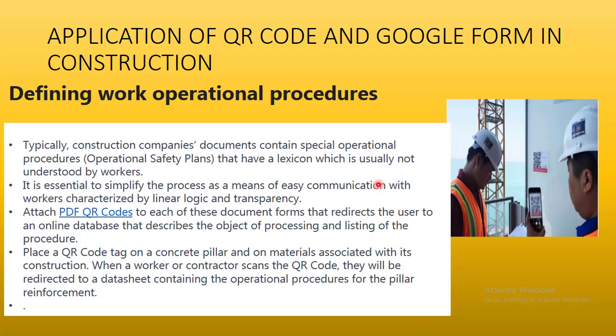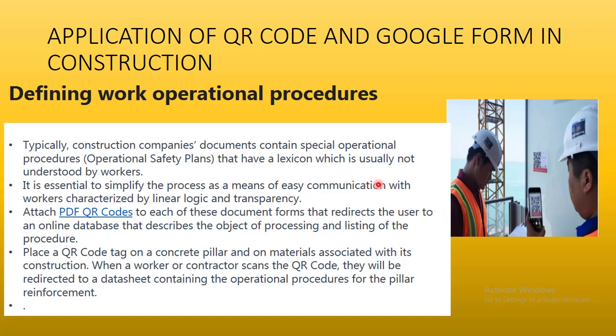Thank you. So basically now we go to the application of the combination of QR code and Google Form in construction. The first application is that it can define work operational procedures. Typically, construction documents contain special operational procedures that have a lexicon which is usually not understood by workers.